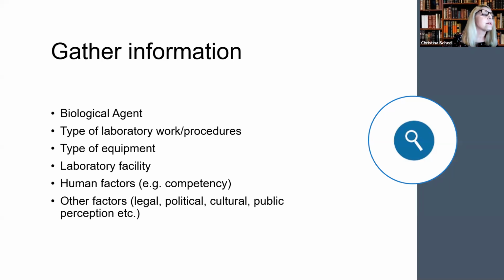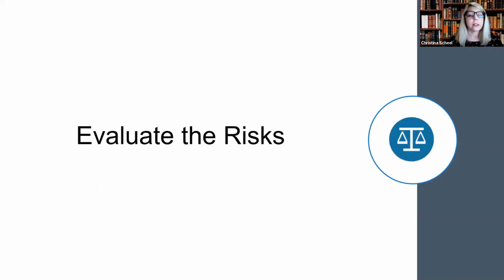Does it have breaches? Those types of things. And then human factors. Are your staff well-trained and competent? And then other considerations you may think of, regulatory particularly, also cultural, public perception, political, and others. So these are all the types of information that are gathered when initially performing a risk assessment.